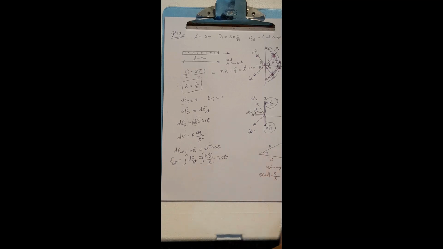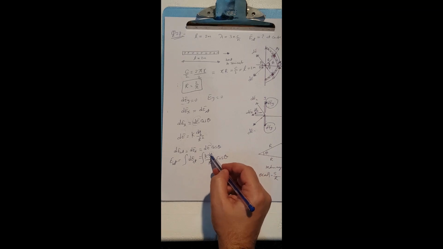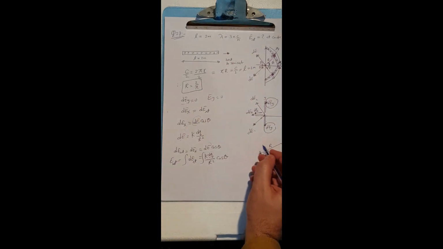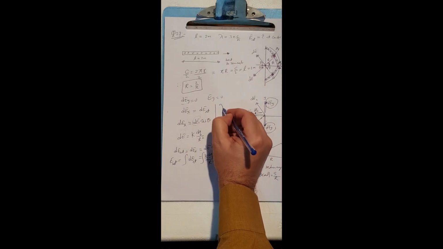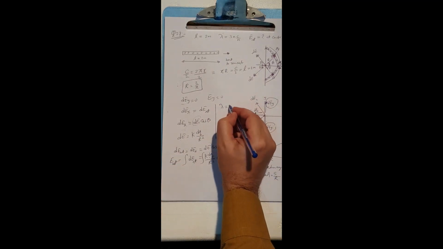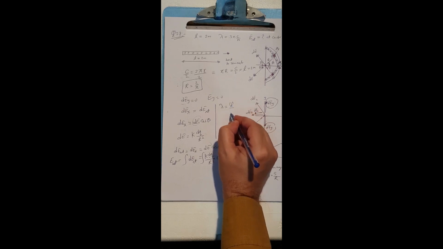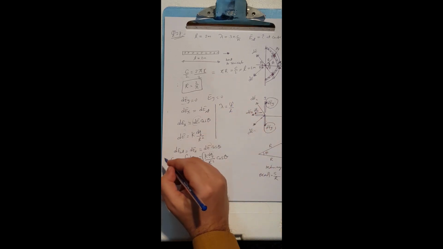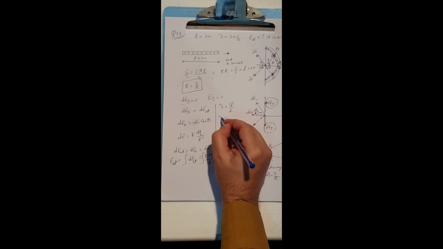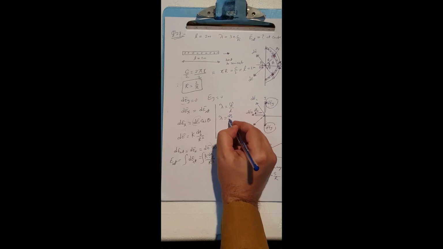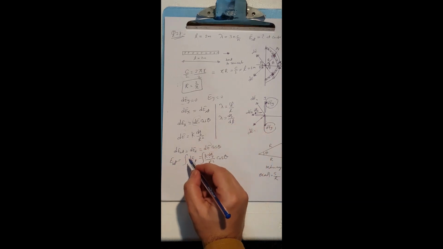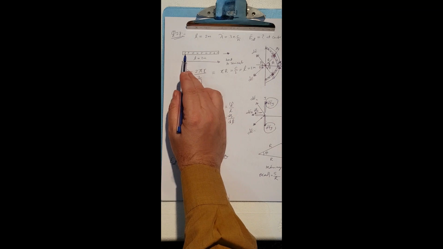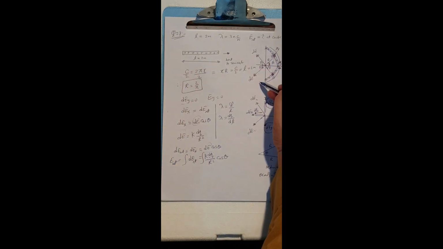Let's see the connection. First we have lambda. Lambda is constant, linear, so we try to write dq in terms of lambda. Remember that lambda we defined as total charge over total length, and if it's uniform, lambda is a sample of charge over a sample of length, dl. Now in this case we are not talking about the rod, we're talking about the arc.